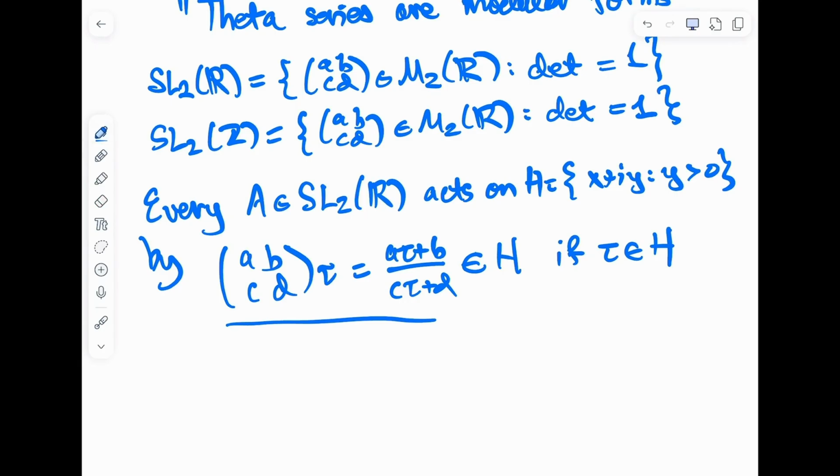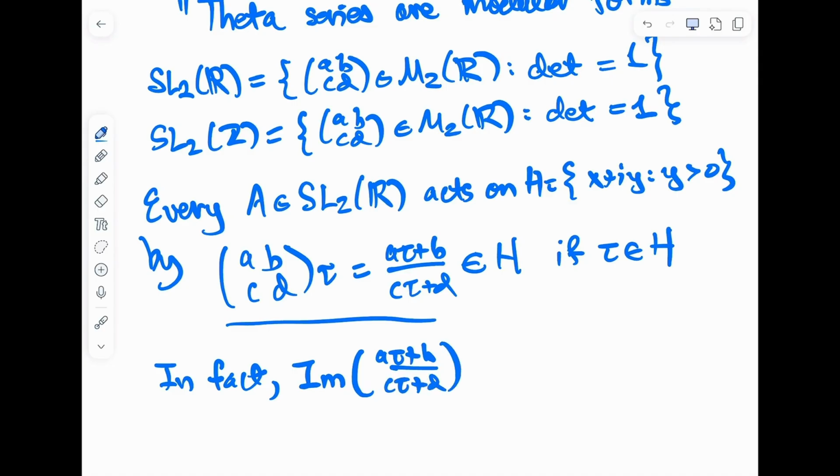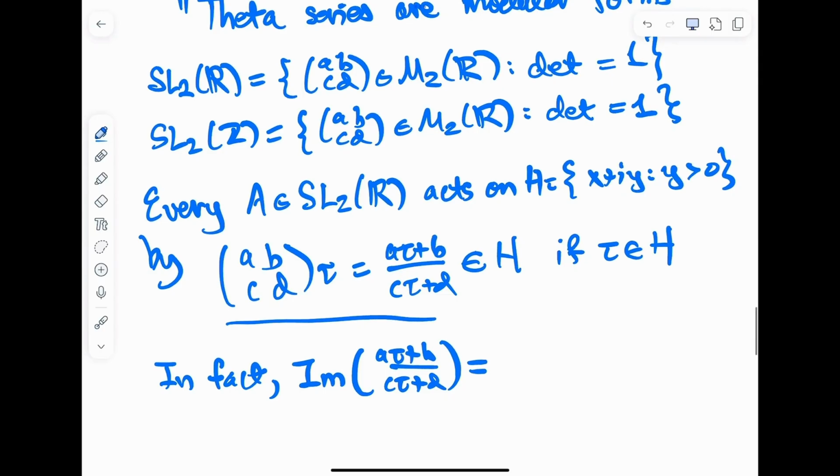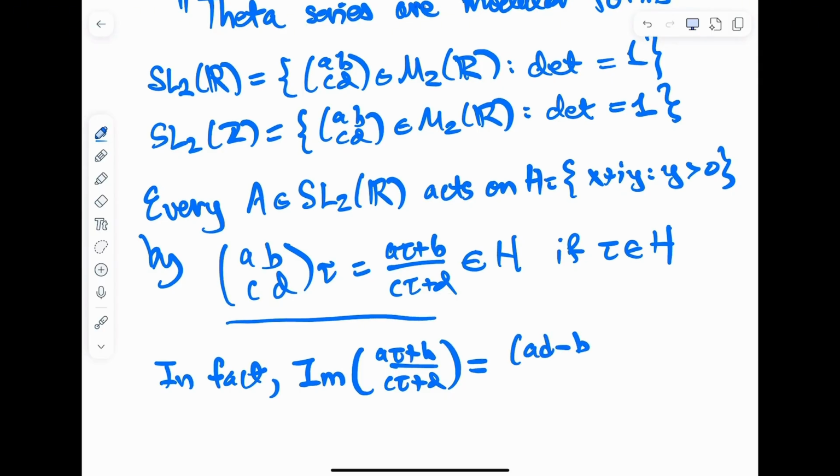If you look at the imaginary part of (A tau plus B) over (C tau plus D), where A, B, C, and D are real numbers, it's AD minus BC times the imaginary part of tau over the absolute value of C tau plus D squared.